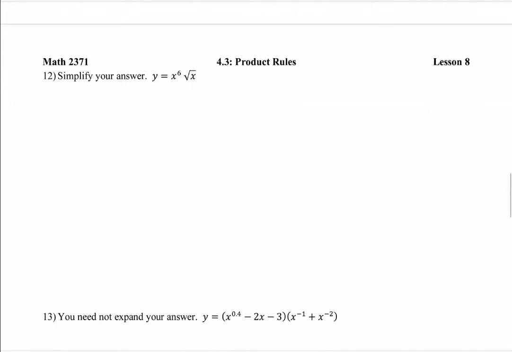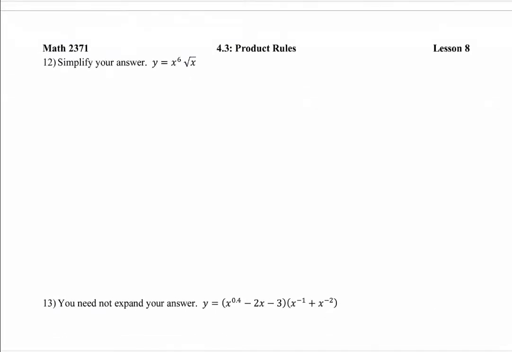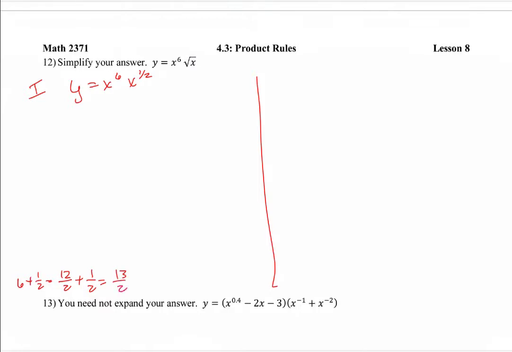All right, so again, I have two parts to this one. So I have method 1, where I have y equals x to the 6th times x to the 1/2. So 6 plus 1/2 equals 12 halves plus 1/2 equals 13 halves.